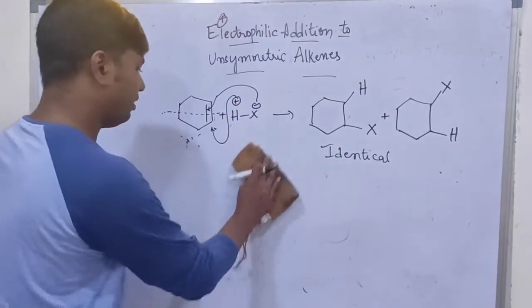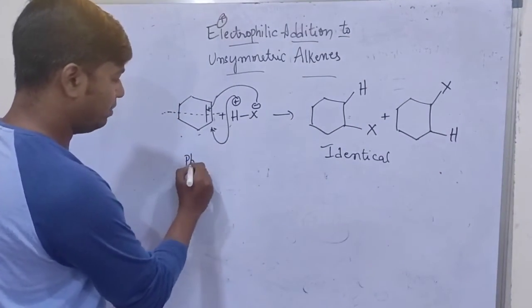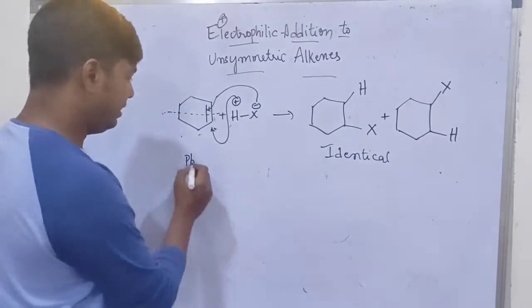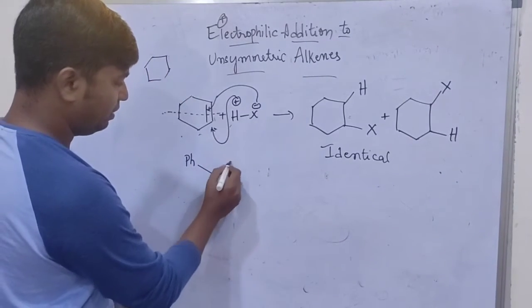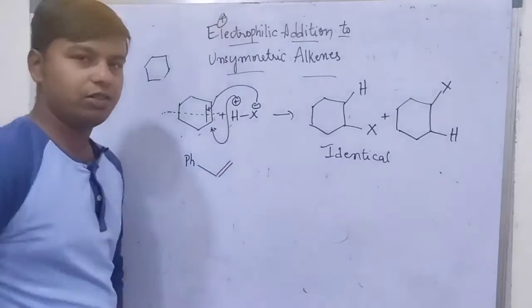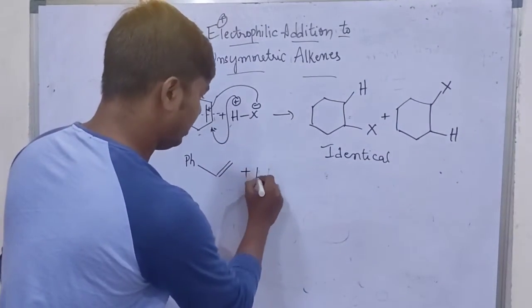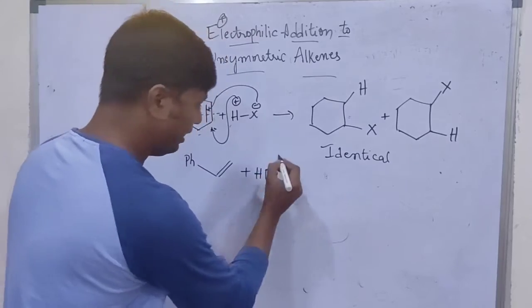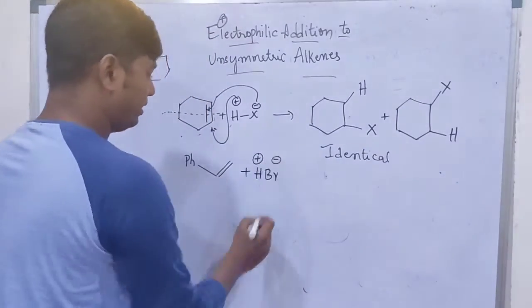Let's take one example of an unsymmetrical alkene. That is Ph, which is nothing but the phenyl ring, the benzene ring, with a double bond attached to this phenyl ring. When I treat it with hydrogen bromide, I will write the possibilities of products.